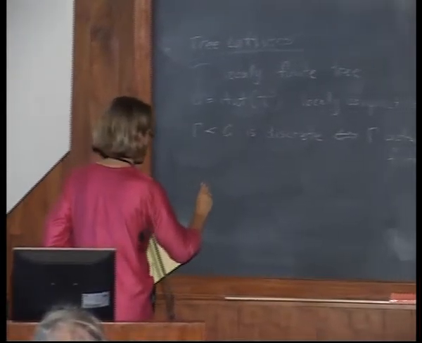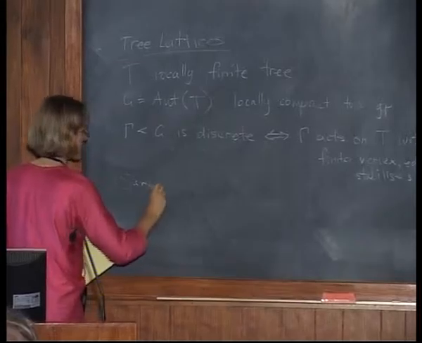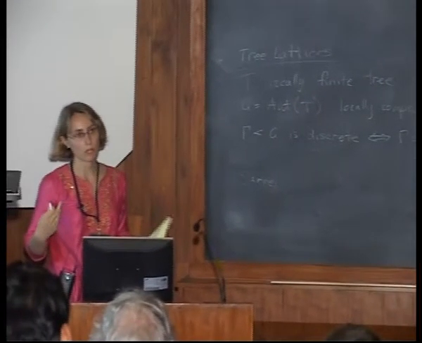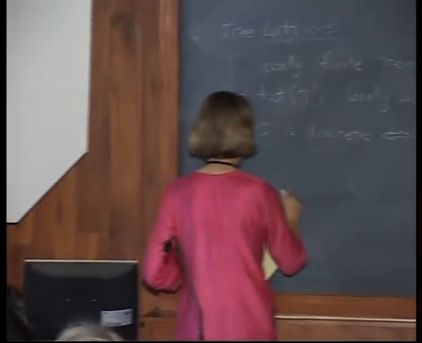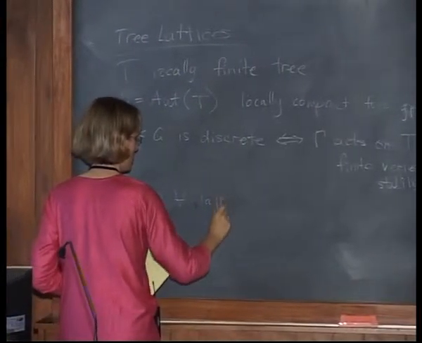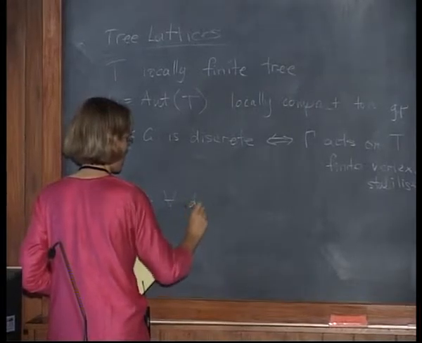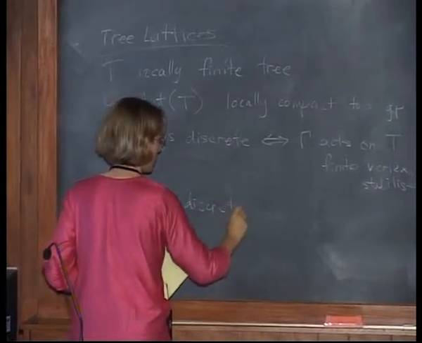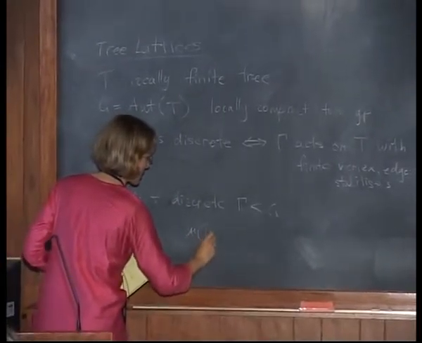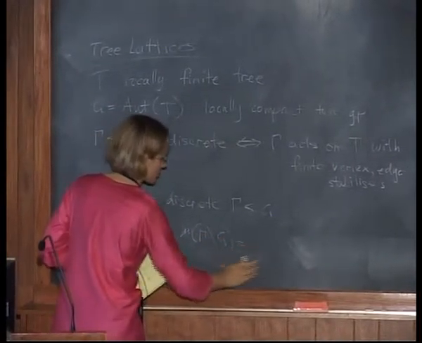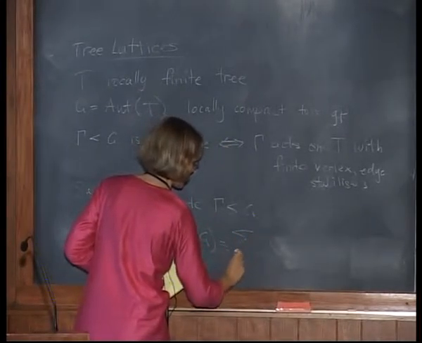What's a lattice then? So we need the quotient to have finite volume, and we can use a normalization of the Haar measure which is due to Serre. So he showed that for any discrete subgroup gamma in G, we can normalize the Haar measure so the co-volume is given by a series.